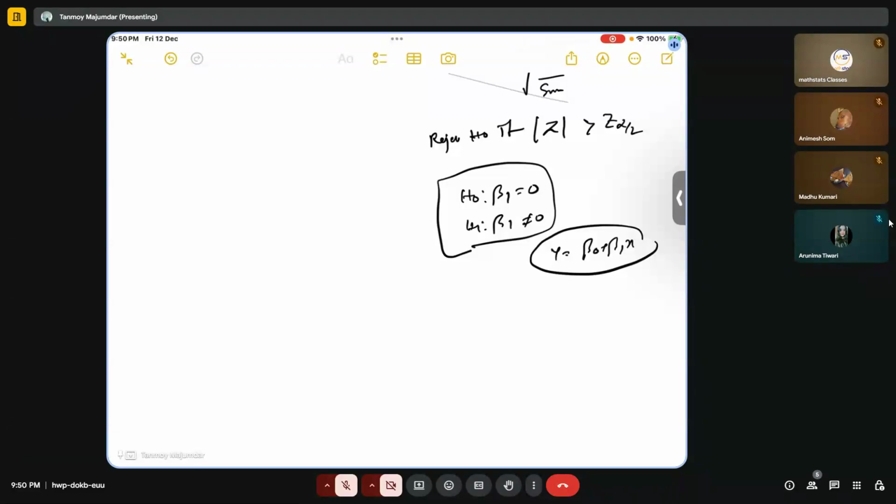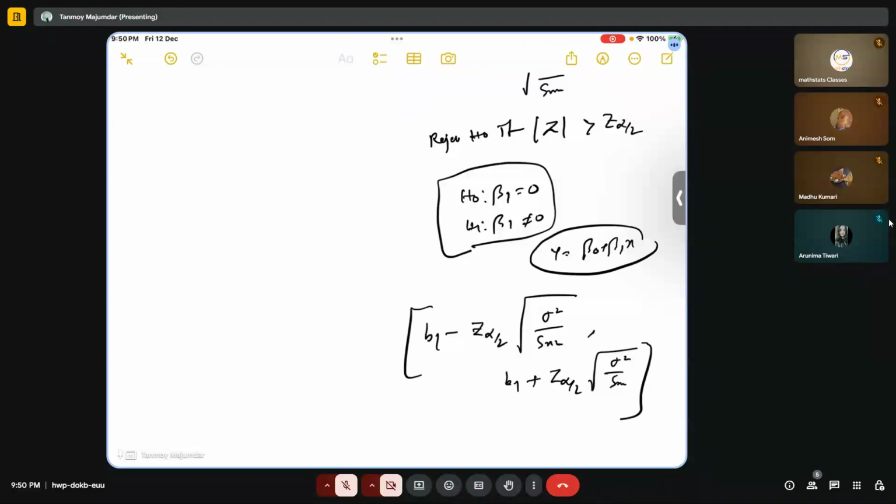The confidence interval for beta 1 will be: the lower limit is b1 minus z alpha by 2 times root over sigma square by Sxx, and the upper limit will be b1 plus z alpha by 2 times root over sigma square by Sxx. It is very important to remember this confidence interval, because I have seen 2-3 times in GATE that you are asked to find the confidence interval, sometimes the lower limit, sometimes in an MCQ they give sigma, Sxx, everything, and ask you to find the confidence interval. So remembering the formula is very important, okay.